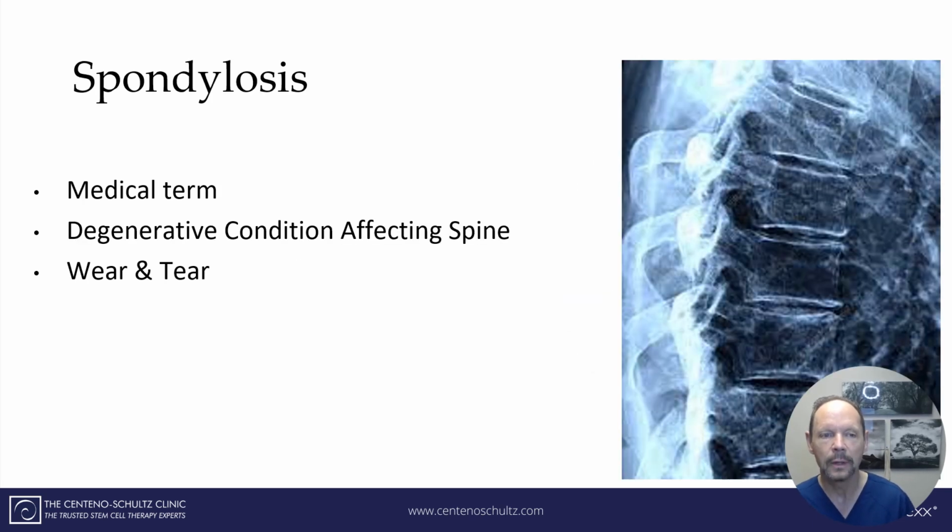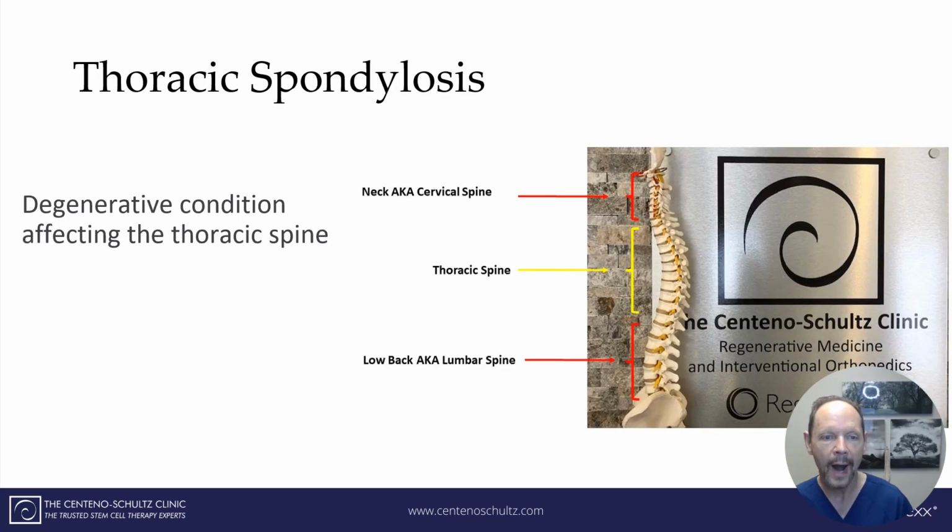So spondylosis is a medical term. You don't hear that very often outside of medicine, and it basically describes a degenerative process affecting the spine. Generally the wear and tear that you and I have as a result of what we do on the weekends and on our time off. So thoracic spondylosis is basically a degenerative condition involving the thoracic spine.